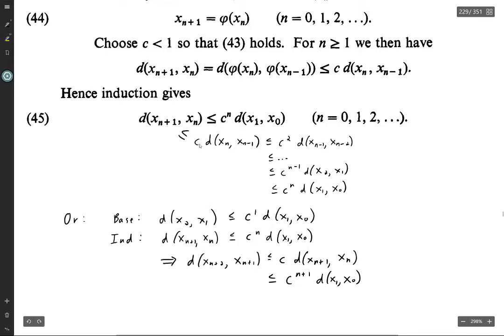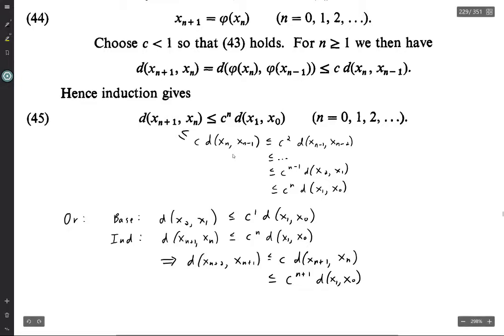And if you imagine, if we start at c times the distance between x_n and x_{n-1}, how many more times do we need to apply the previous inequality, and how many more factors of c do we need to add in to get to the distance between x_1 and x_0? Well, we need to get from x_n to x_1, so that index needs to decrease n minus 1 times, which means that you need to apply the inequality n minus 1 times.